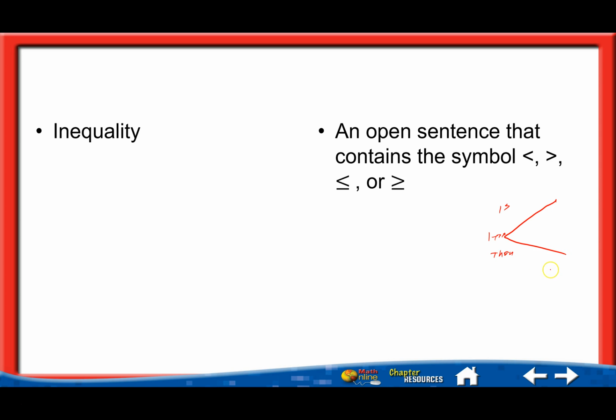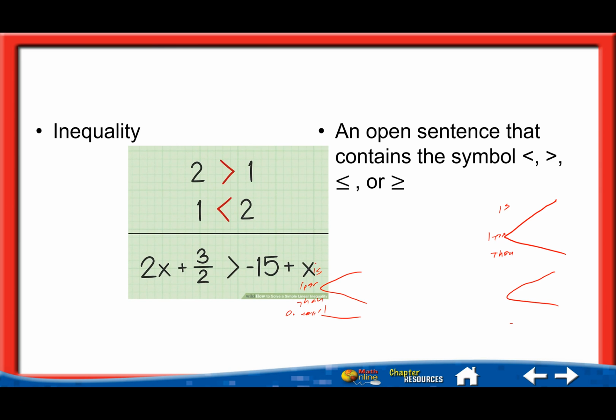That's how I would read that. And the other one, is less than or equal to. That's how that would read. And here's just a couple other things of what that could look like.